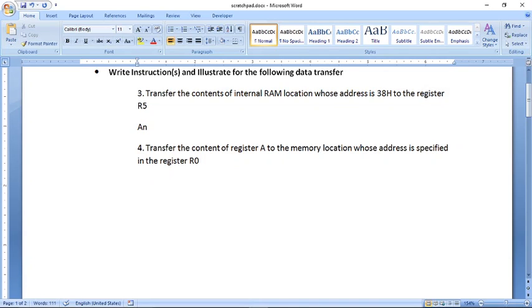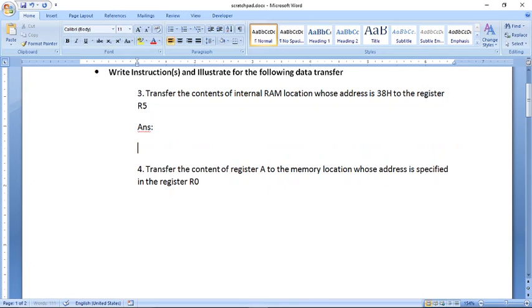So how do we write the instruction? This is data transfer, so the opcode we need is MOV. What is the destination and what is the source? We have to transfer from the memory location to register R5, so R5 becomes the destination. The MOV instruction is always in the format MOV destination, source.